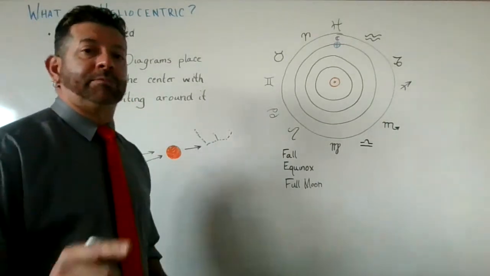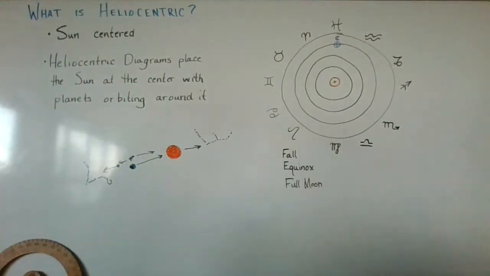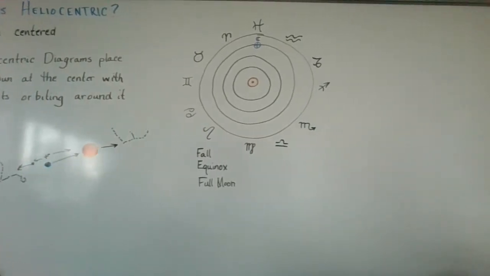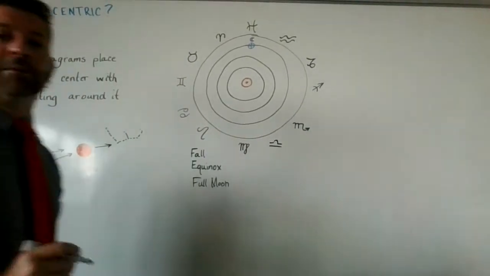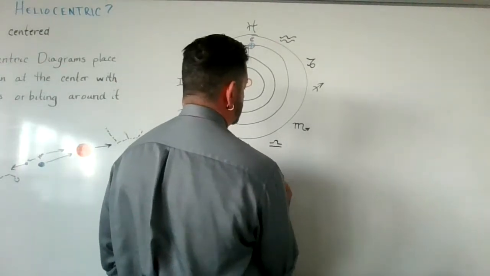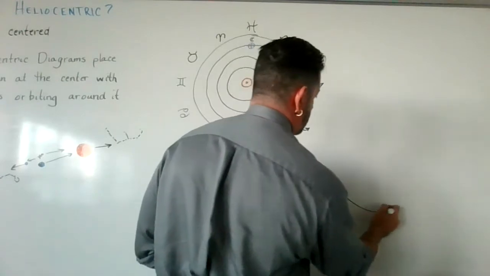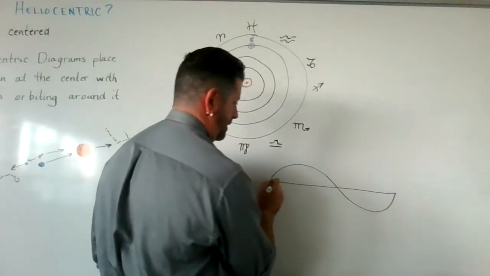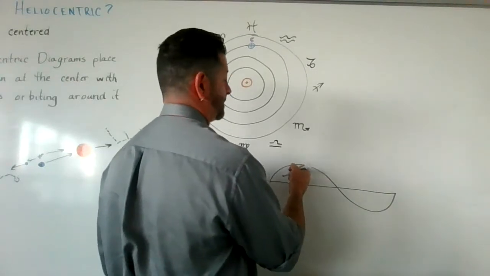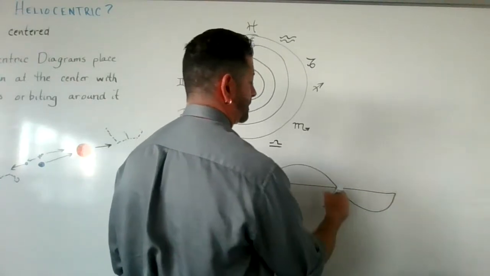If I go back and I want to put this on a star chart, we go back to that ecliptic curve. Again, summer solstice, winter solstice, fall equinox, spring equinox.